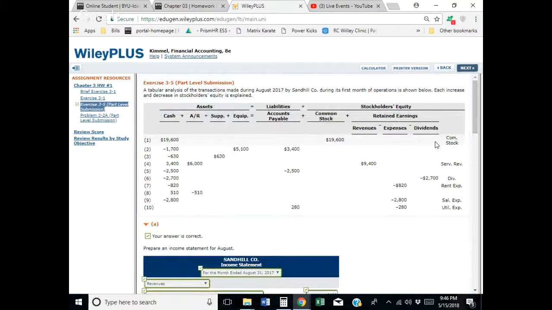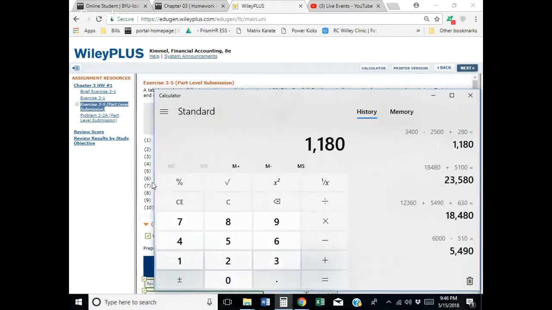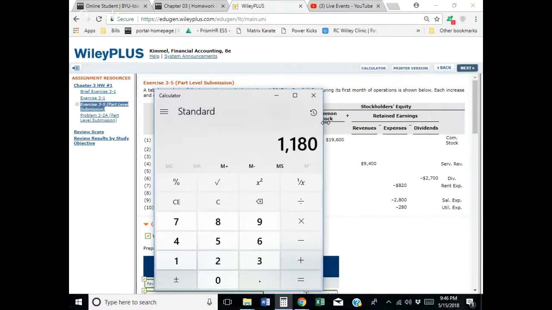Now, see here, retained earnings equal revenues minus expenses minus dividends. So let's bring this over. You guys can see it on both. Revenues were $9,400. Minus expenses.